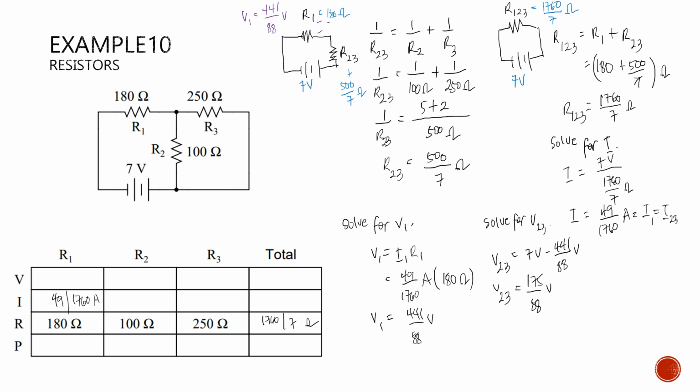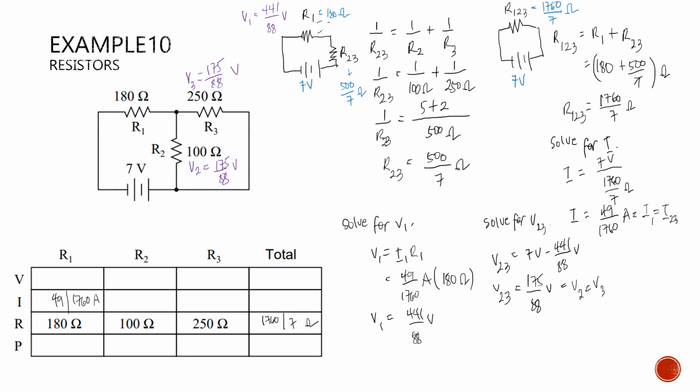So we'll label V2 as 175 over 88 volts. Also for V3, it's 175 over 88 volts. So you can summarize here that this is equal to V2 and equal to V3 for parallel connection.